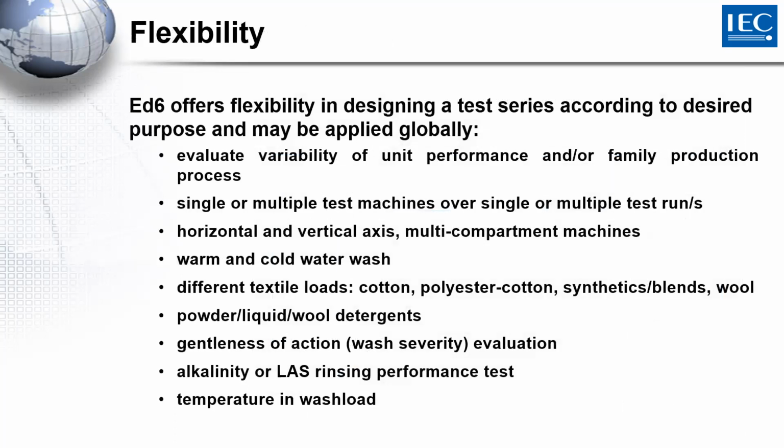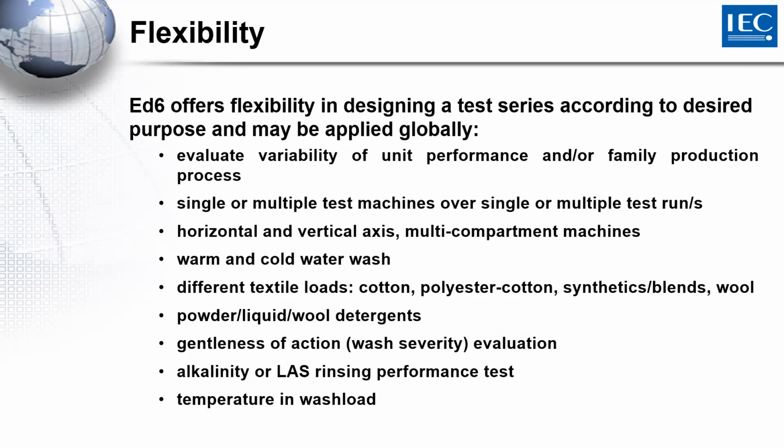Flexibility, because it allows variability of unit performance and/or family production process. We can look at single, multiple, or multiple machines over single or multiple test runs. We can look at horizontal and vertical axis, multi-compartment machines. As I said, we can look at warm and cold water wash. We have different textile loads: cotton, polyester, polyester cotton, synthetic blends, and wool.